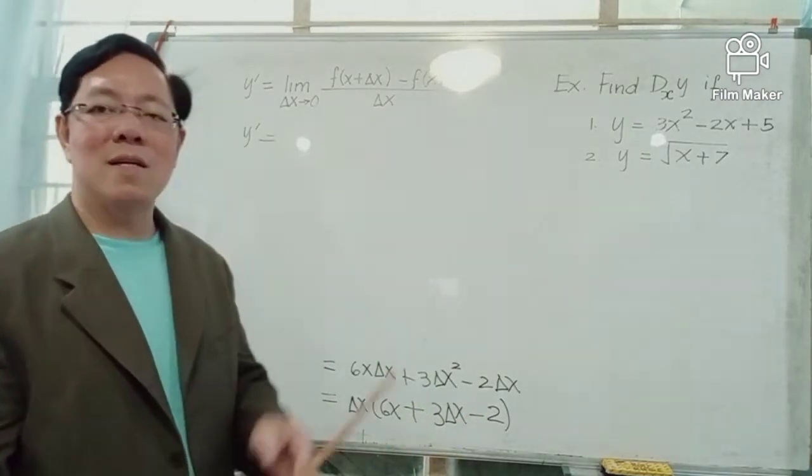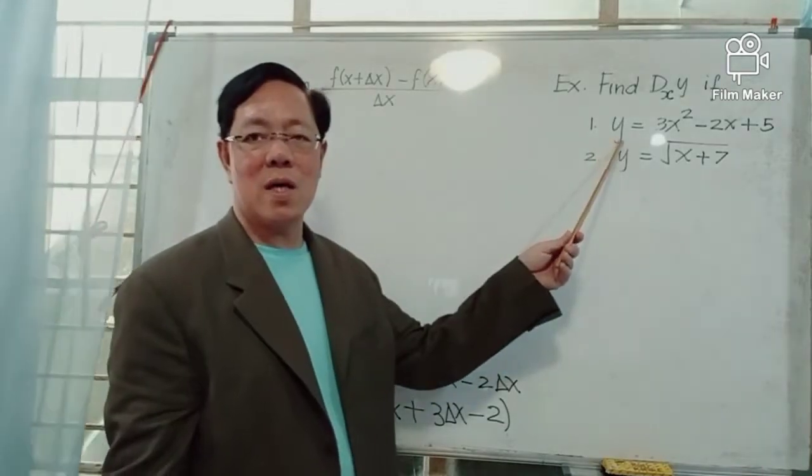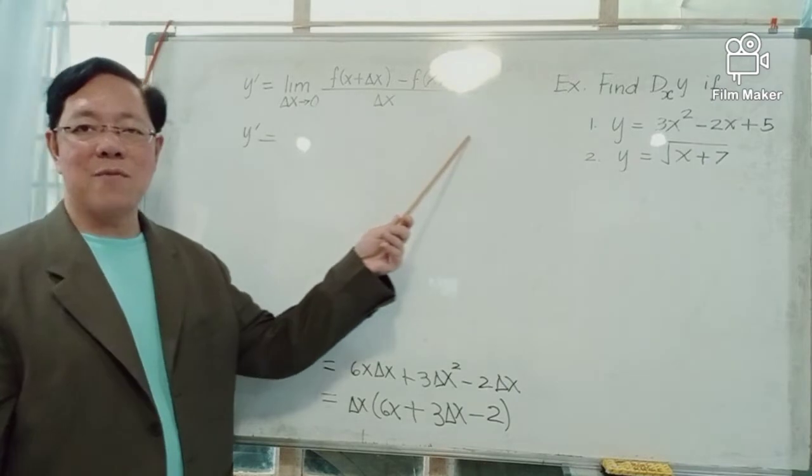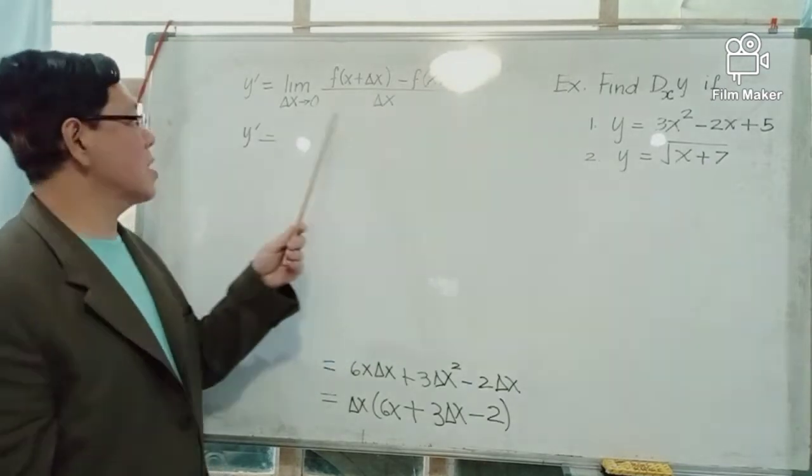We now find the derivative of the given function y, denoted by y prime, using limit. This is the definition of derivative using limit.